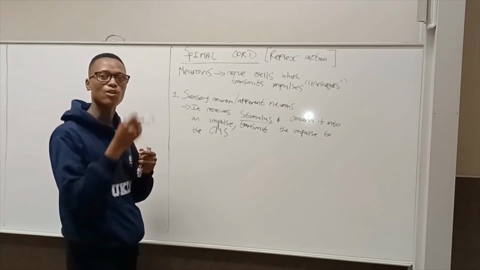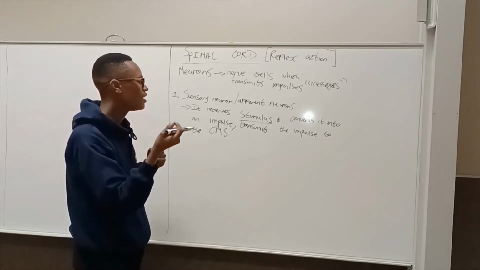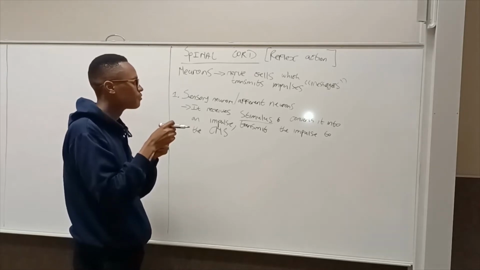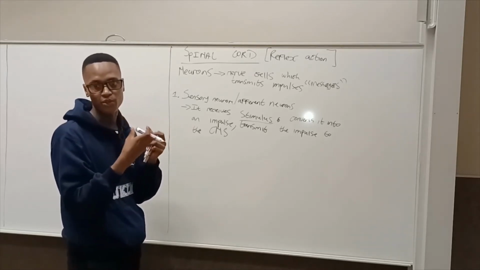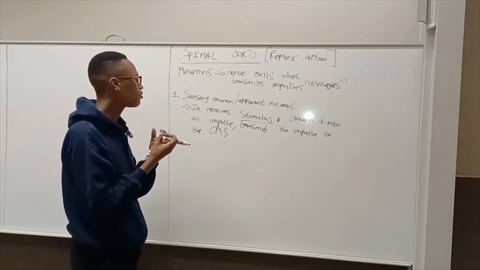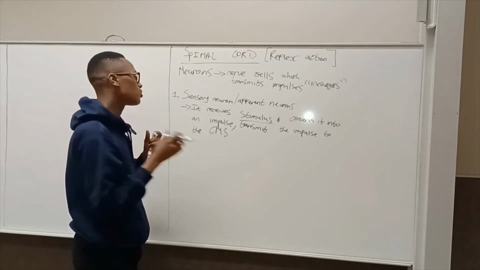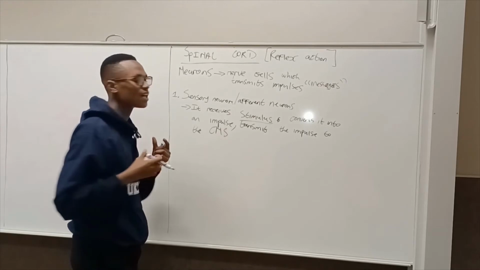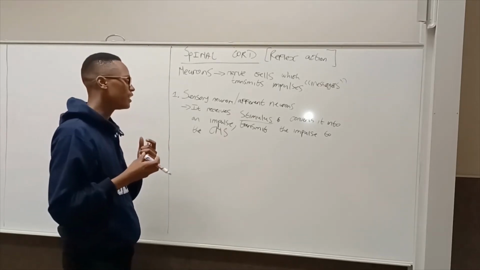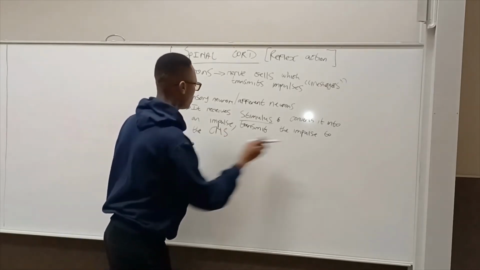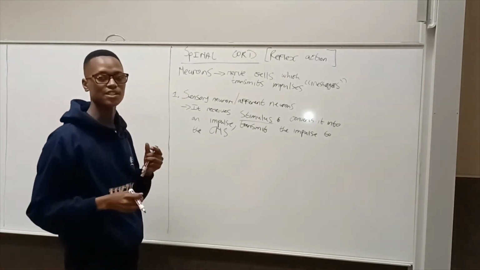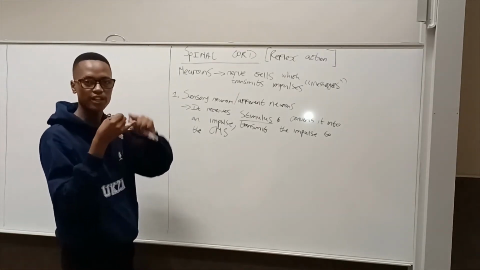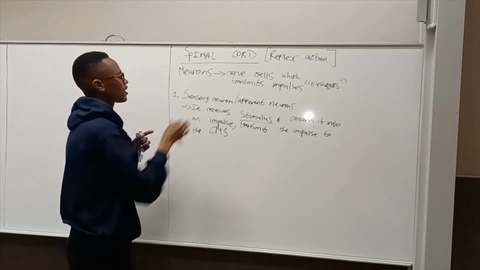After that, they convert the light that you see into a form that is going to be recognized by your body. That form, we call an impulse. After the stimulus is converted into an impulse, because it is in the correct form, it is able to be transmitted to the central nervous system, meaning the brain or the spinal cord, because of this sensory neuron.